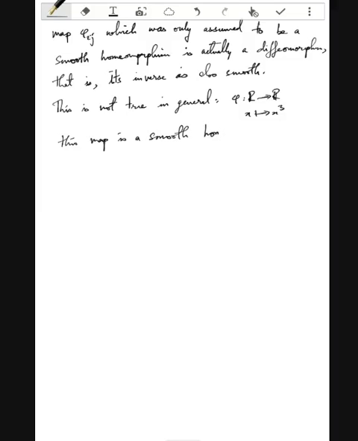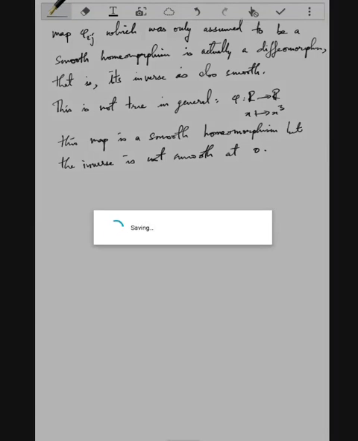It's a smooth map and it is a homeomorphism. But the inverse is not smooth at the origin, at 0.